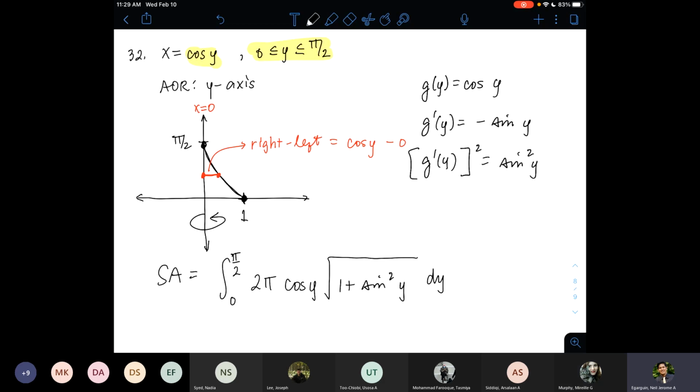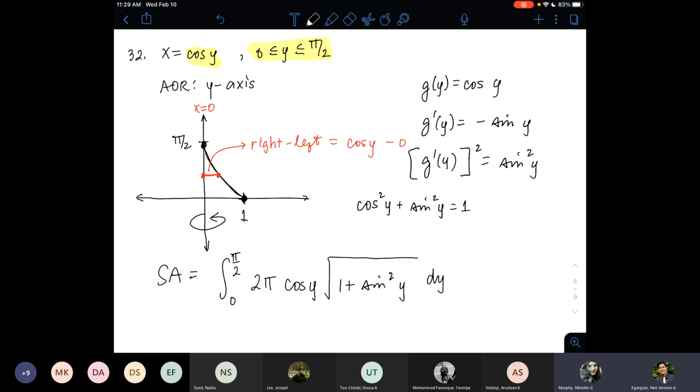Come again, what's that? The Pythagorean theorem says cosine squared y plus sine squared y is equal to 1. Maybe you can remove something from it for the inside and try to make it easier to solve. Yeah, unfortunately, that won't be the case here.